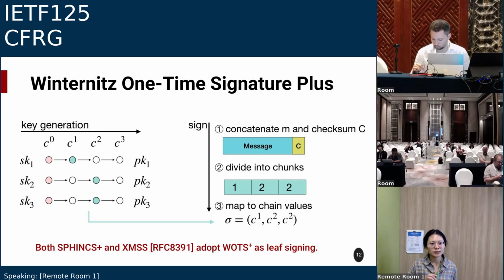For signature generation, we also do a different number of hashes to get the signature itself. We choose WOTS+ mainly because it has been widely adopted in practice. For example, both SPHINCS+ and XMSS adopt the WOTS+ signature as the leaf elements. So we think it is widely used, widely studied, and standardized.